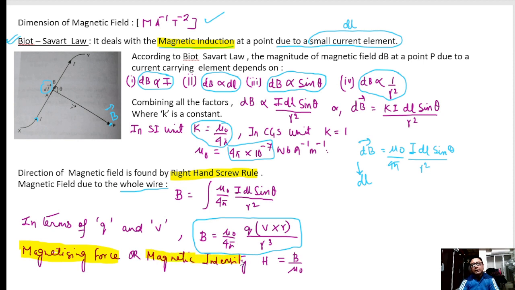Please note this, magnetic intensity. How do we find it? It is B by mu 0. We already found B, so H equals B by mu 0. H is the magnetic intensity.